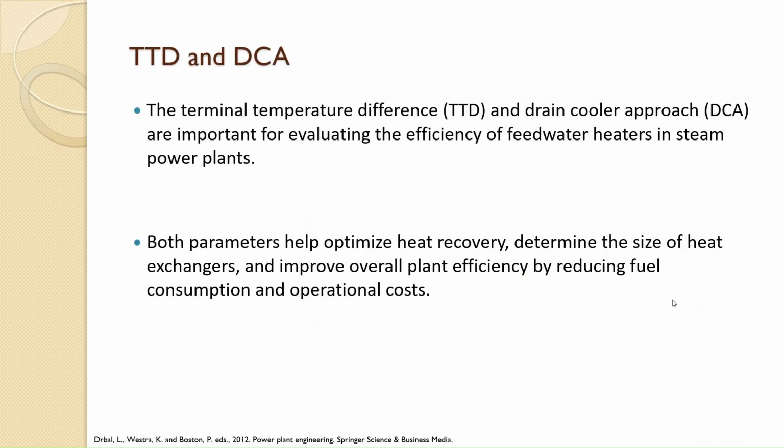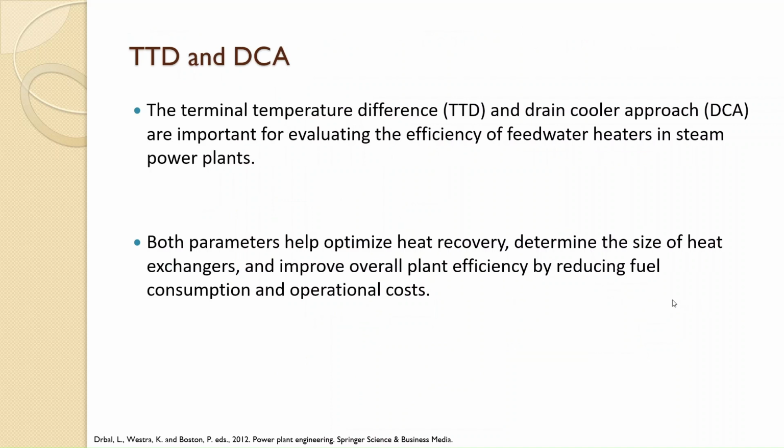In reality, however, we use two parameters in the design of a closed feed water heater. Those parameters are TTD and DCA: the terminal temperature difference, or TTD, and the drain cooler approach, or DCA.